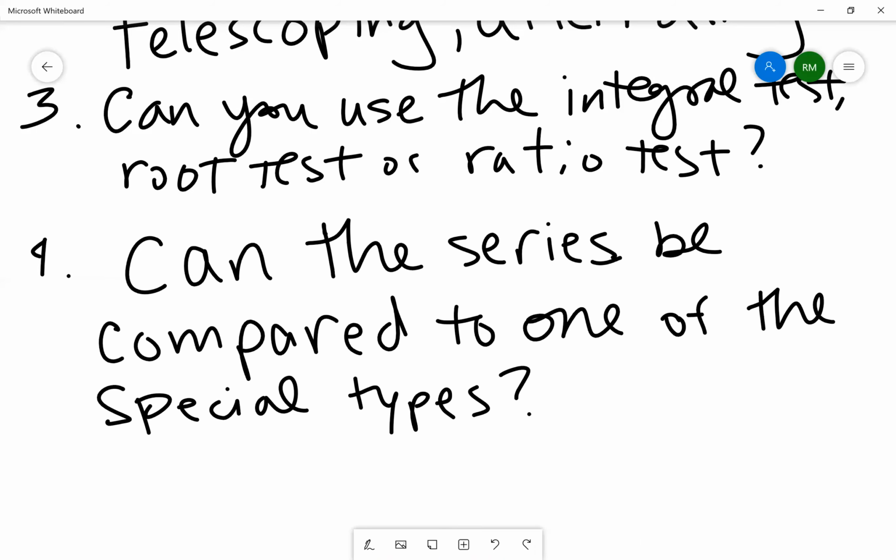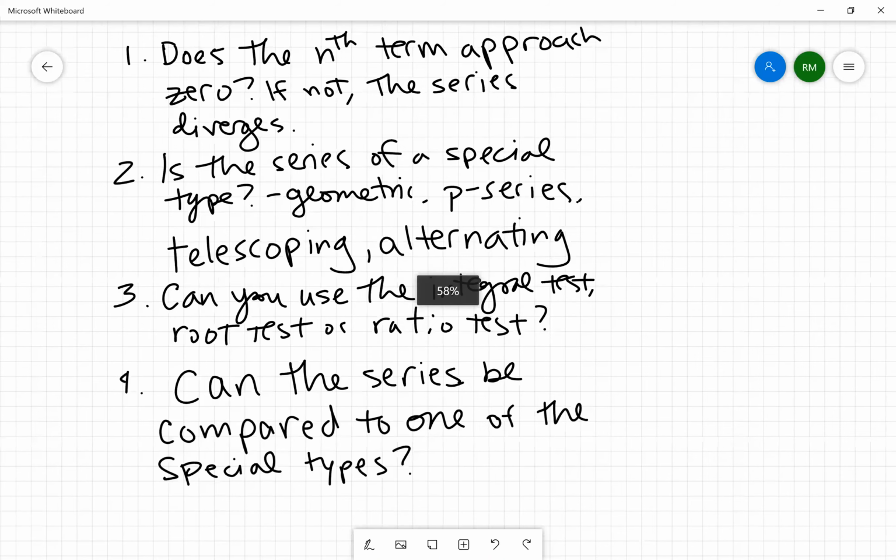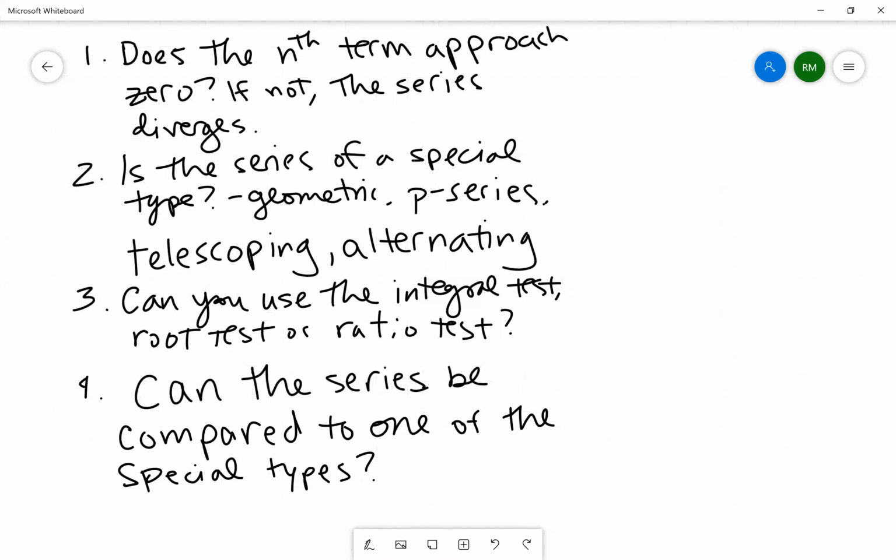Okay, that's great. So those are the 4 things you have to do. Sorry, my handwriting kind of gets bigger and smaller. They're having some trouble with the stylus. Anyway, those are the 4 things you want to use. So let's take a look at a couple series and see what we can do and why we do what we do.